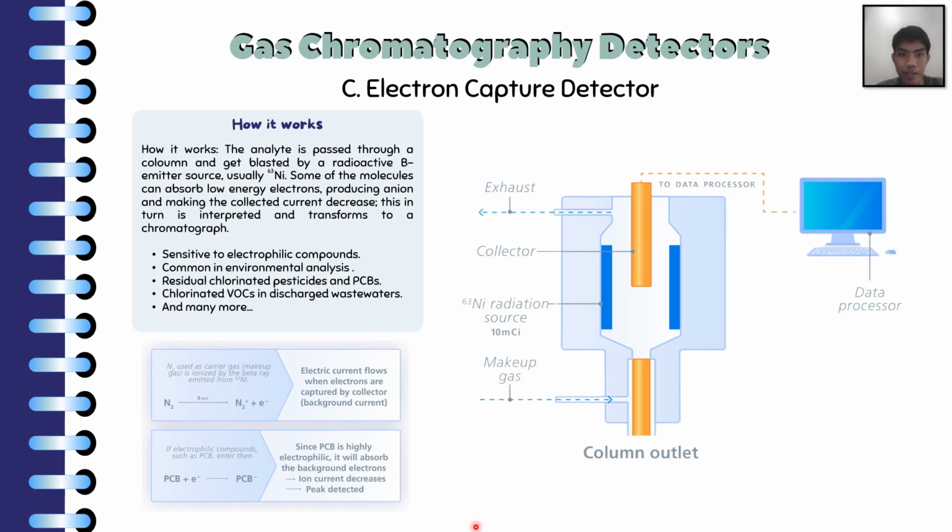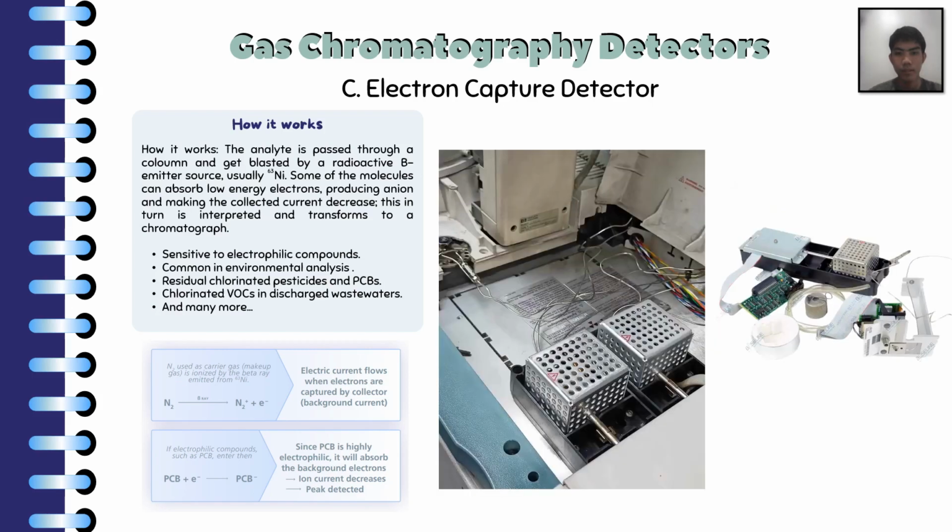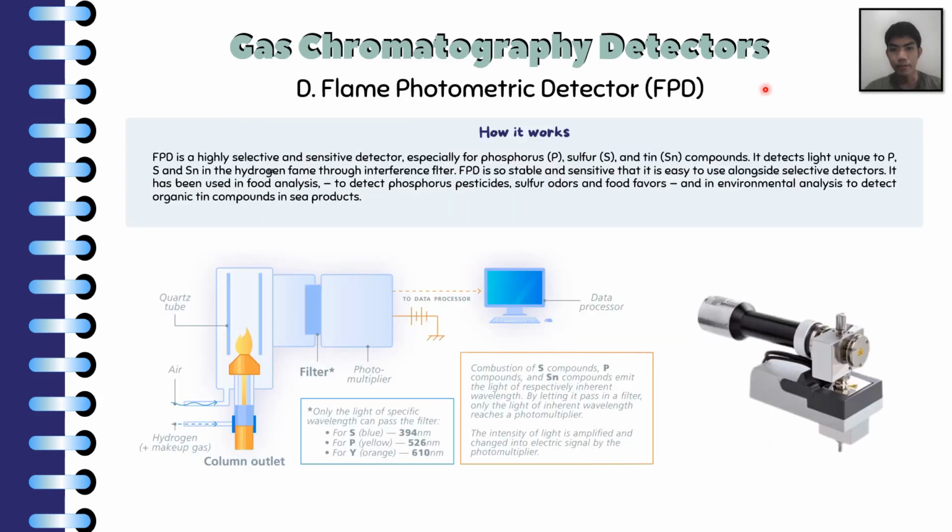The detector is insensitive to functional groups such as amines, alcohols, and hydrocarbons. ECDs are highly sensitive and have the advantage of not altering the sample significantly, in contrast to FID. The picture in this slide is an example of an ECD detector that uses nickel-63 as the beta emitter. Next we have the flame photometric detector, or FPD.